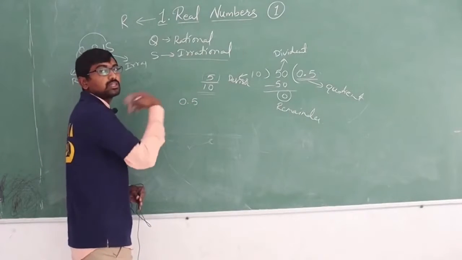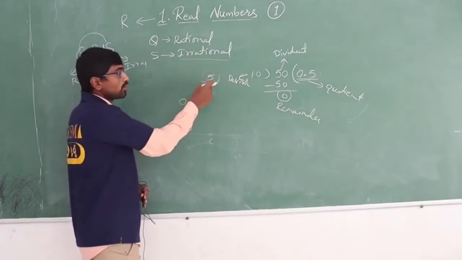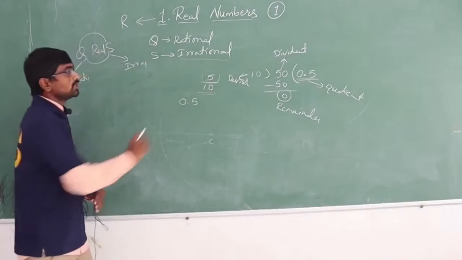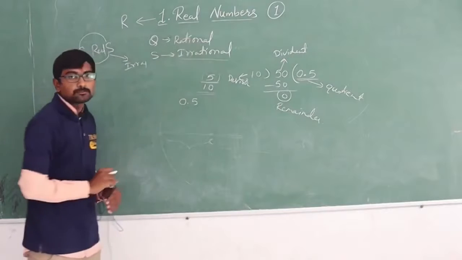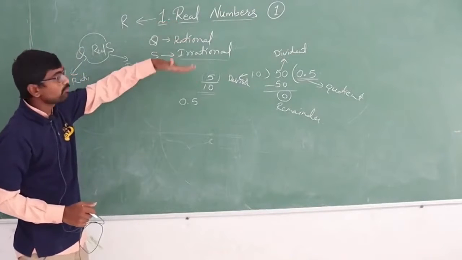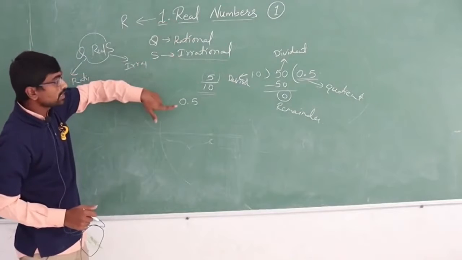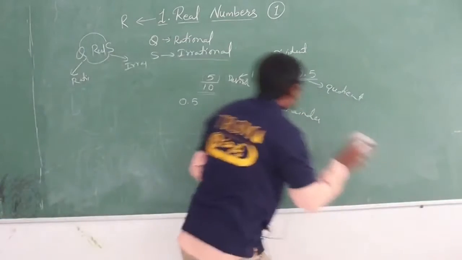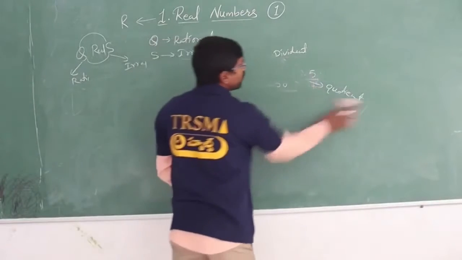If I convert this number back into p by q form, it becomes 5 divided by 10. So this is rational. The number can be written in the form of p by q, and here we are getting decimals. The decimals we get come in two forms.